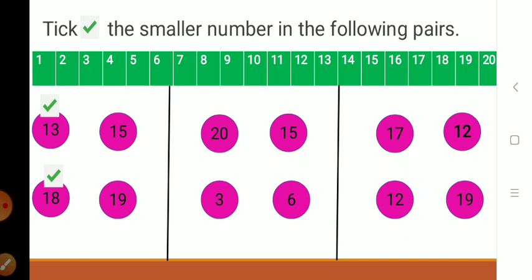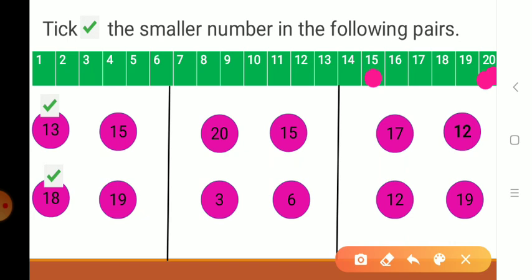Now see the next pair: 20 and 15. First find out where is the 20. See, at the end, the last number, 20 is there. And where is the 15 on the number strip? You can use your pencil to mark it on your textbook.